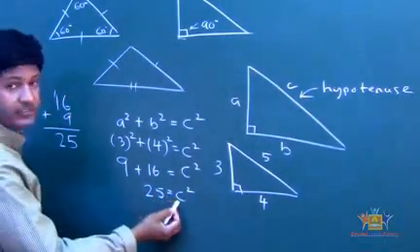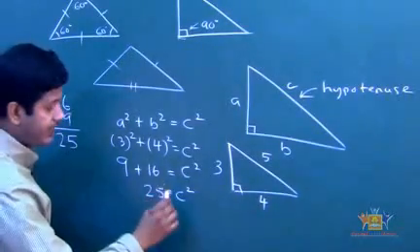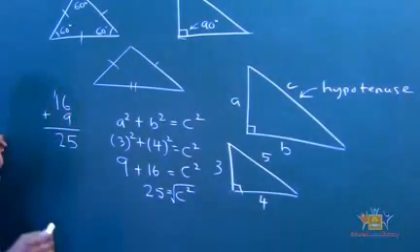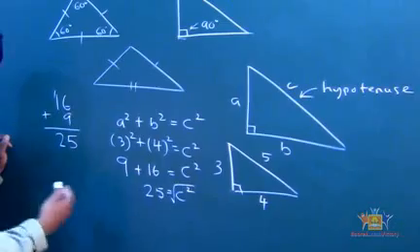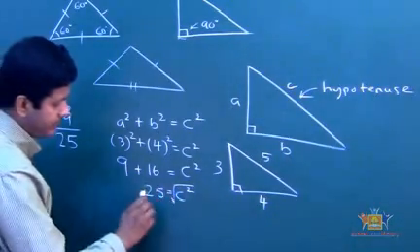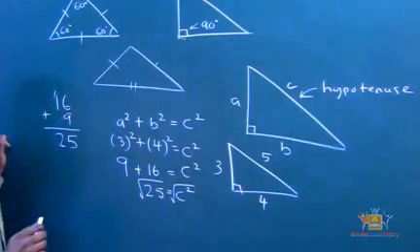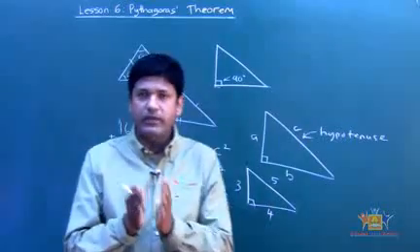Now we're looking for C. To find C, I can take the square root. Remember from the previous lesson we talked about the square root. When you take the square root on this side, I have to also take the square root on the other side. We have to do it equally. That's the thing about the equal sign.